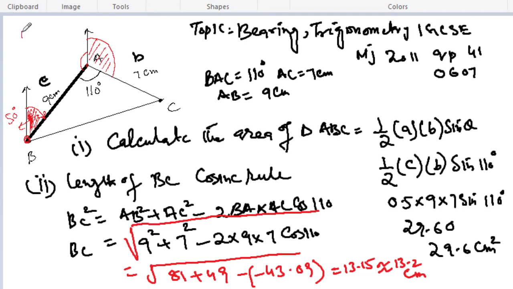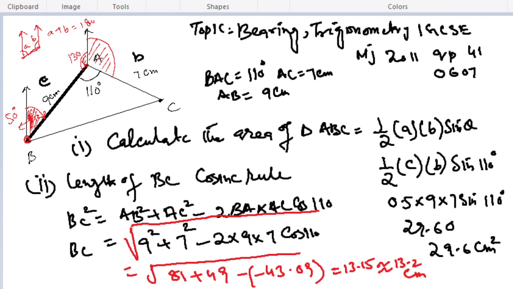This is 50 degrees. So what is this angle? We know that if there are two parallel lines and another line which intersects them, then angle A and angle B sum to 180 degrees, because these two angles are supplementary. So if this is 50, this will be 180 minus 50, so this becomes 130.